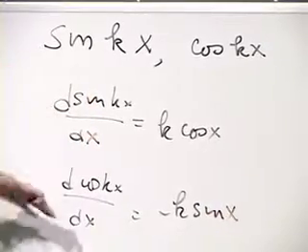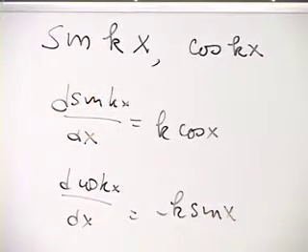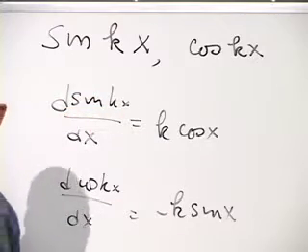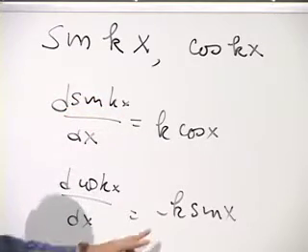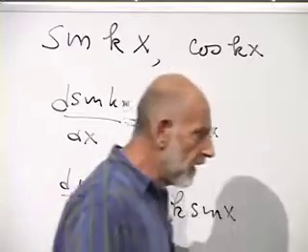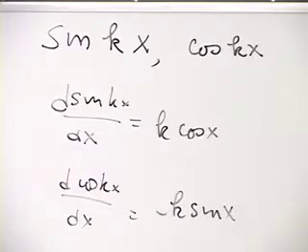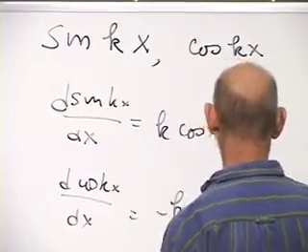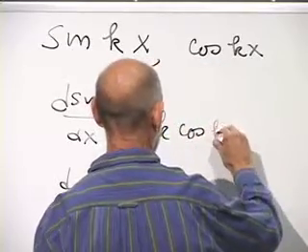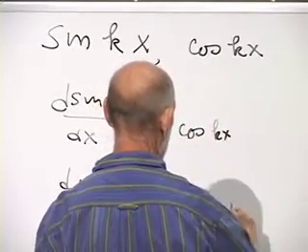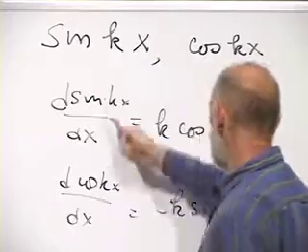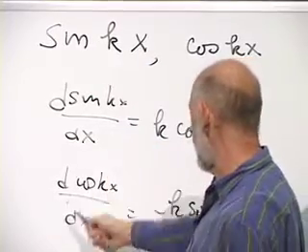So neither one of these is an exponential. Neither one has the property that when you differentiate it, you get something back proportional to itself. They have the odd property that when you differentiate one, you get something proportional to the other, in one case with a minus sign. You differentiate this one, you get the other one, you differentiate the other one, you get minus the first one.